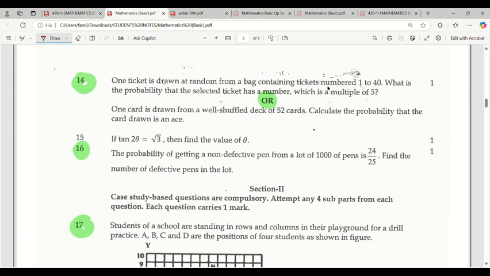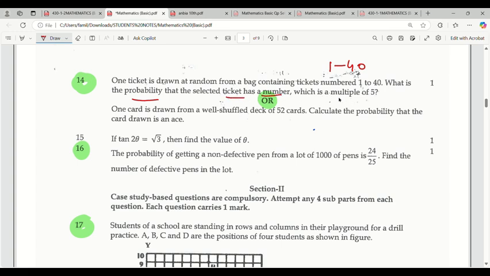Okay, let's see, is there any other thing? One ticket is drawn at random from a bag containing tickets numbered 1 to 40. What is the probability that the selected ticket has a number that is a multiple of 5?